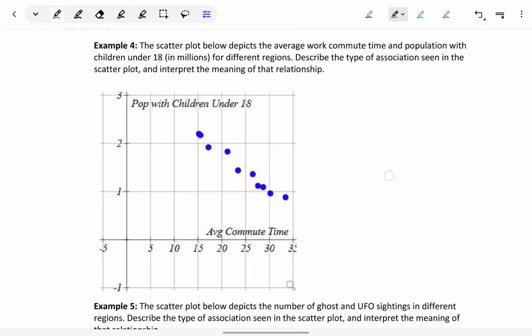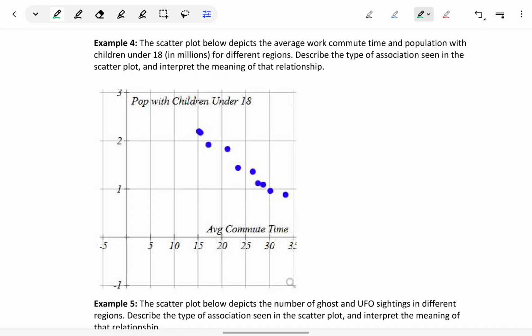That will be different than what we see in example 4. In example 4, this depicts the average work commute time and population with children under 18 in millions for different regions. As we look at this graph, we can see a strong negative association because we have that decreasing pattern as we read from left to right.